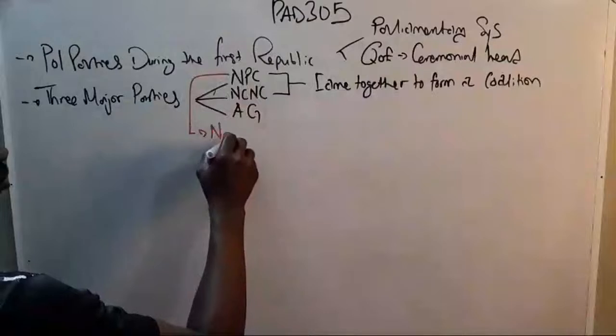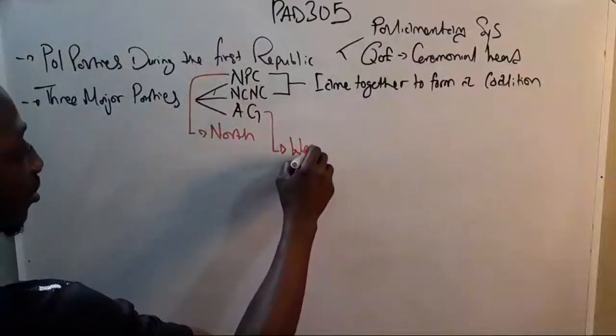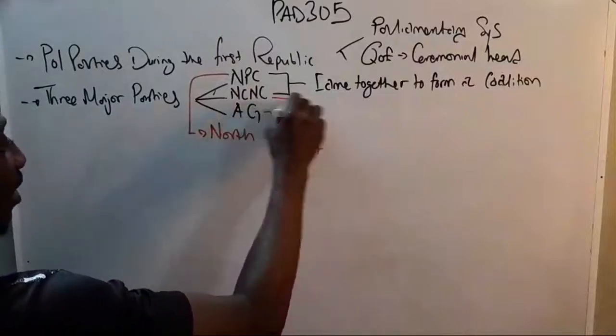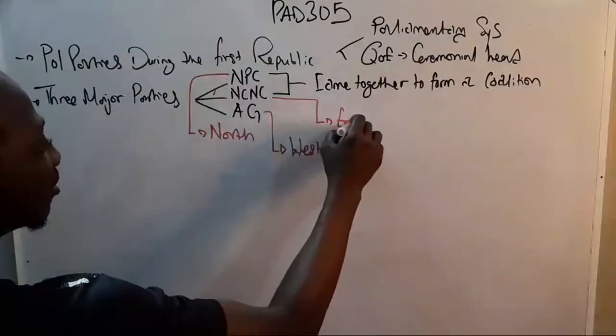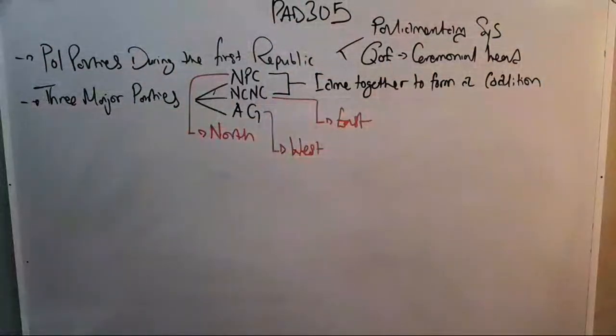This is the NPC, we have the North; West; and East. Three regions, respectively North, East, and West.